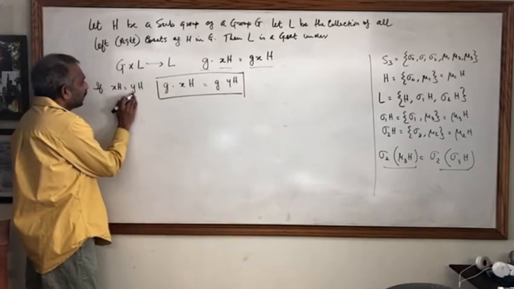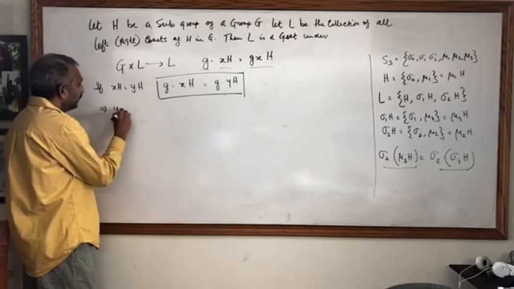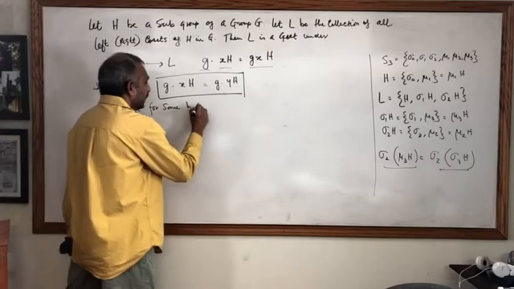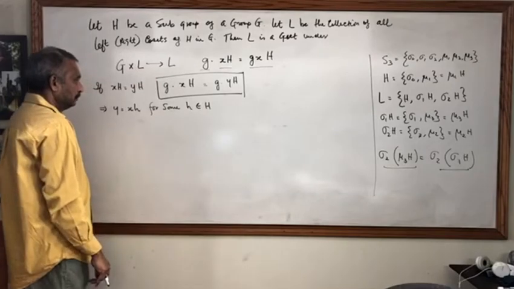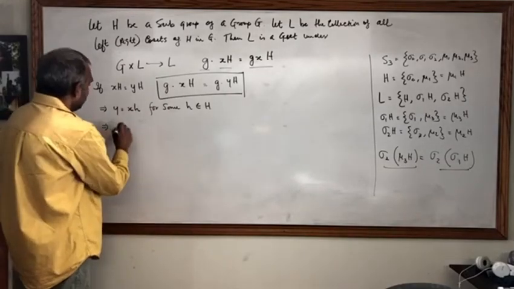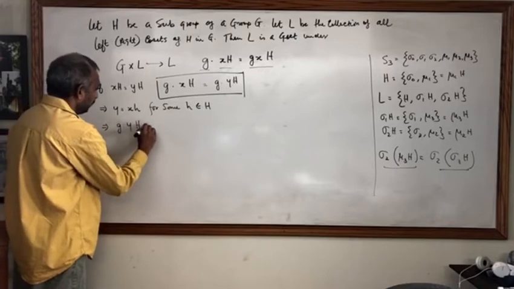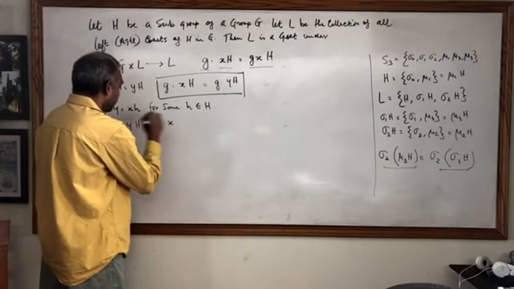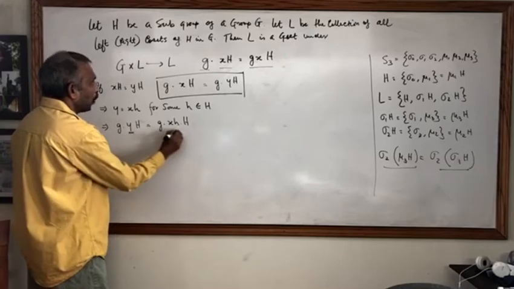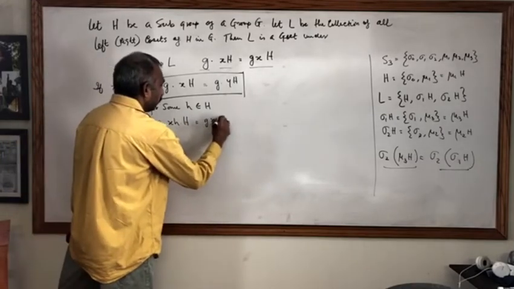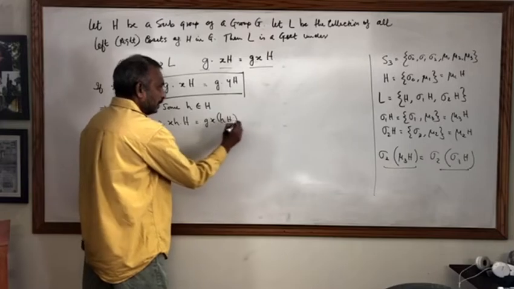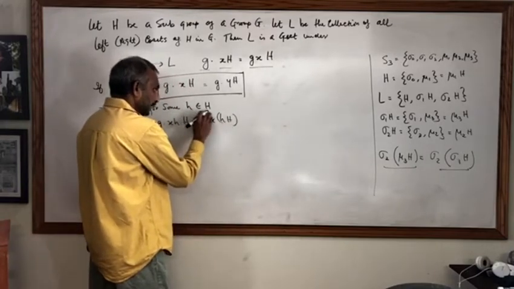But xH is equal to yH. This means that y is equal to xh for some h in H. So that means, if you take g of yH, it is equal to g of xhH, because this is replaced by yH, and that is equal to gx of hH, and this h is in H, so this is actually H, because if it's already in H, hH will be H only.